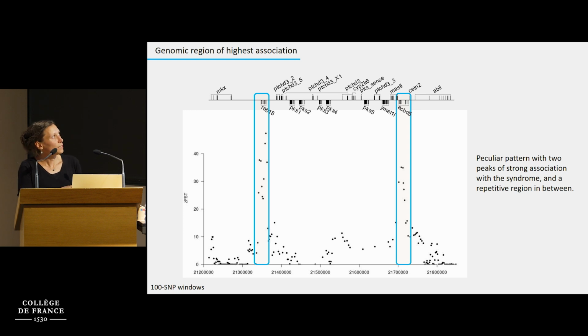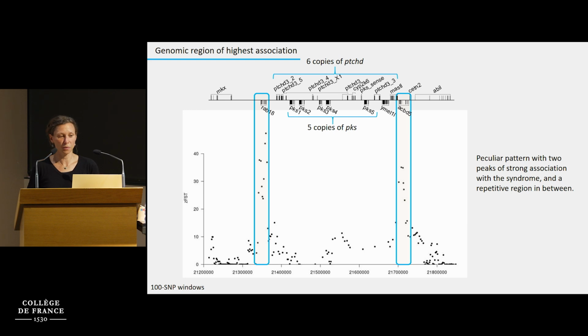But what's interesting here is that we have this peculiar architecture with a 300 kb region in between that does not seem to be associated with the syndrome, but it's nevertheless very interesting because it has duplicated genes sitting here. We have 6 copies of a gene called patched and 5 copies of a gene called PKS. These duplicates are not what we find in the lizards in our Italian study system, but this is the reference genome.